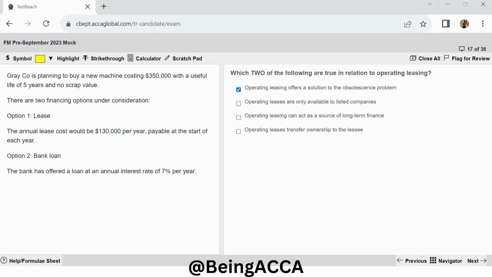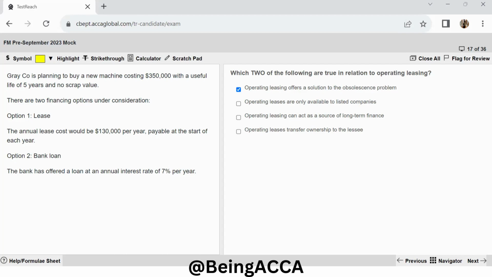What happens in obsolescence? Your assets will age, and over time, when they age, they decrease in terms of production capacity and your technology develops, and that is why they are not able to keep up with the present scenario and they become obsolete. So yes, operating leases, because they are for shorter periods of time, can help you solve this problem of obsolescence.